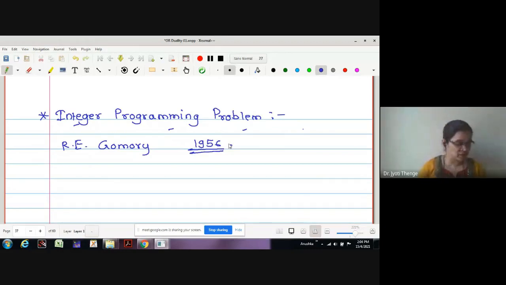Therefore, the first method was named in his honor. It is Gomory's method.